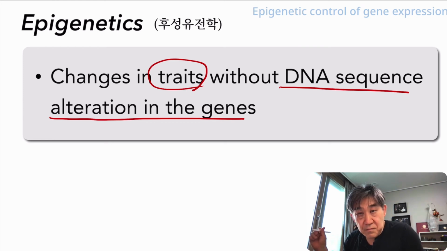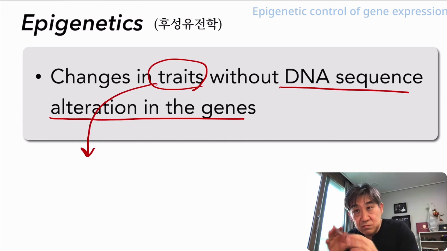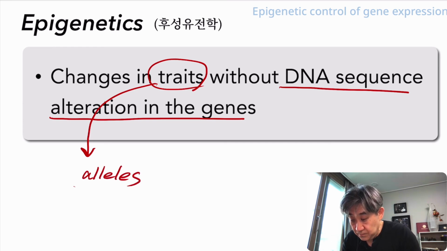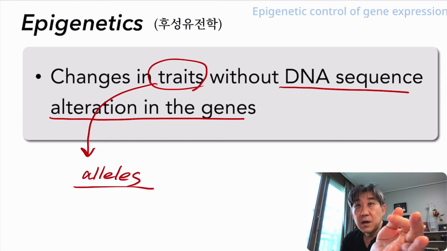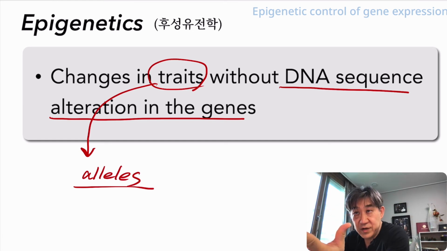According to him, all different traits are generated by different alleles, right? So why do you have different alleles of one single character or single gene? Because of the DNA sequence variation.